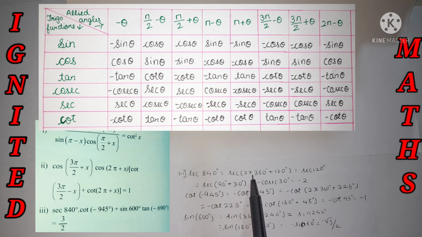It's nothing but sec(2 · 2π), that is 4π + θ, which is sec θ. So here θ is 120°. Again I have split it as 90° + 30°. So sec(90° + θ) is nothing but −cosec θ. So with 30°, cosec 30°, it's nothing but minus 2.